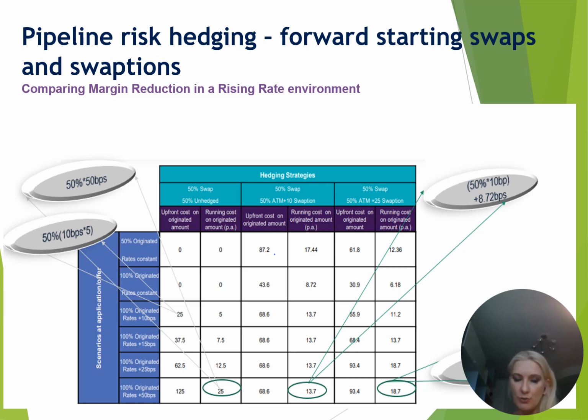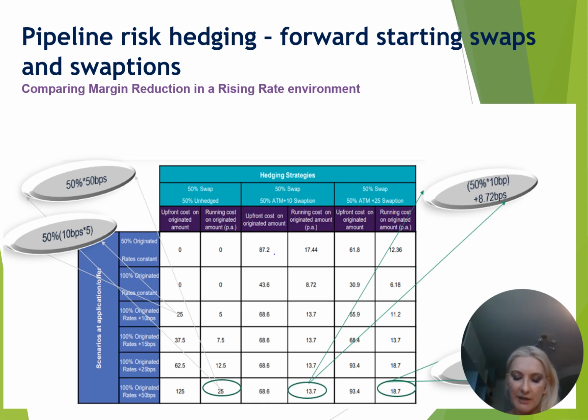Then scenario two is, again, interest rates constant, which is obviously a theoretical situation, but let's analyze it for the sake of the exercise. And completion is 100%. So we were expecting 50% as a highly confident level, but we have 100% completed.